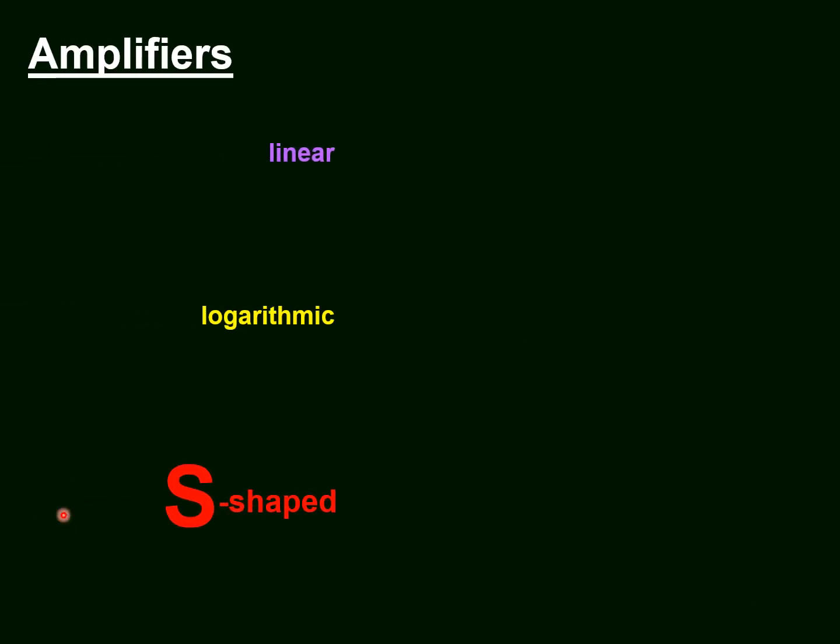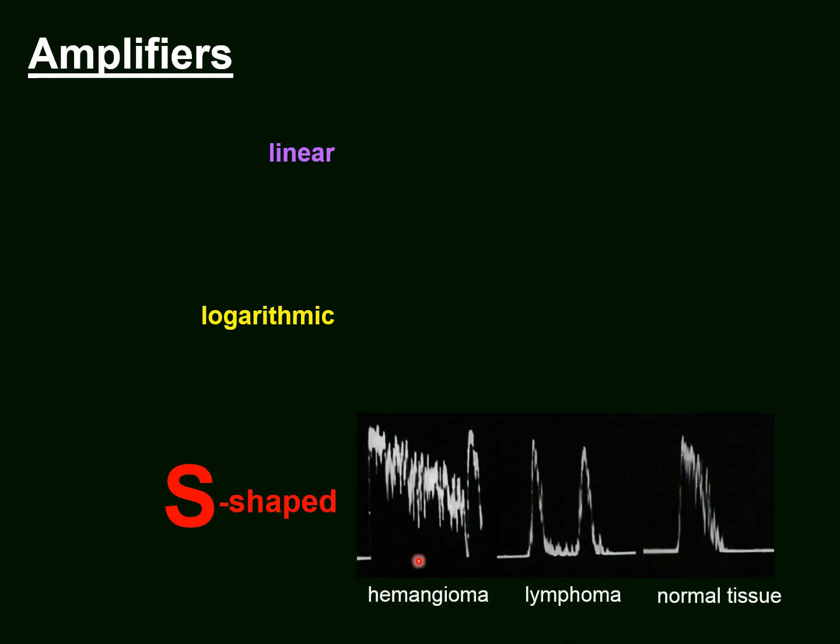Let's look now at the echographic importance of the S-shaped amplifier characteristic curve in comparison to the logarithmic and linear amplifiers. These echograms were obtained in the early 1970s from a cavernous hemangioma of the orbit, from a lymphoma of the orbit, and from normal orbital tissues, all at tissue sensitivity.